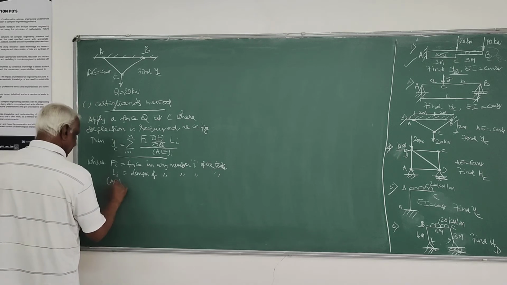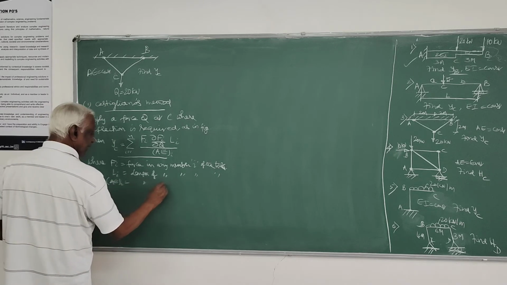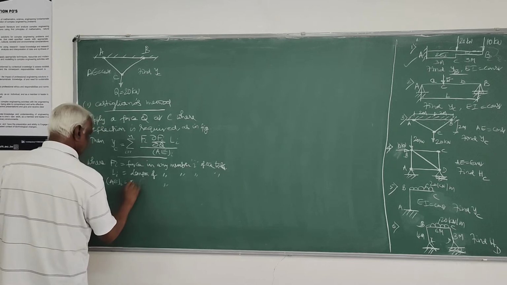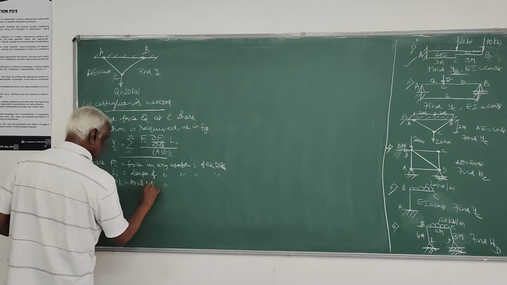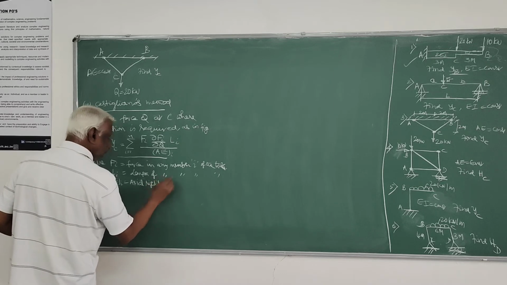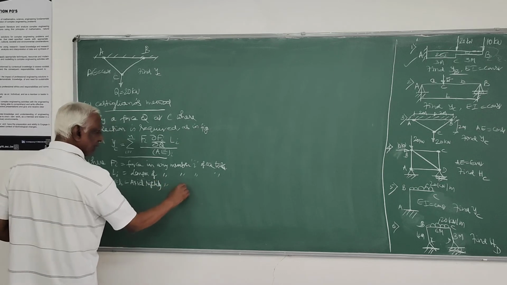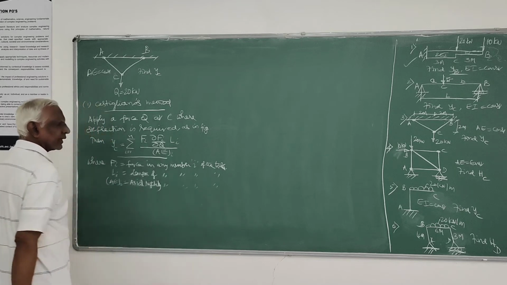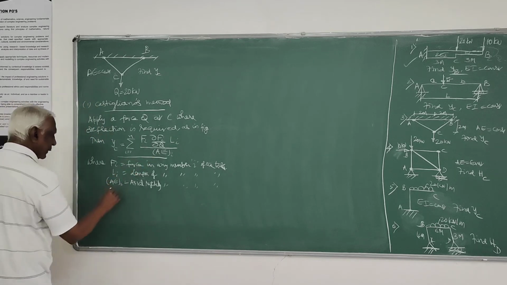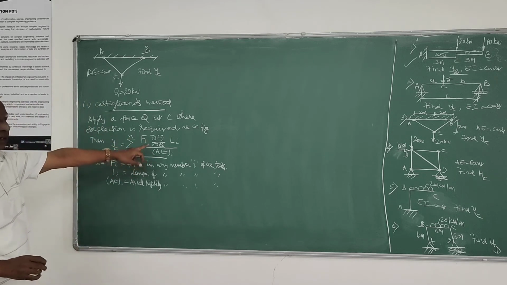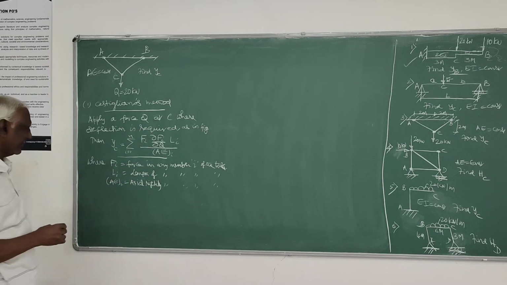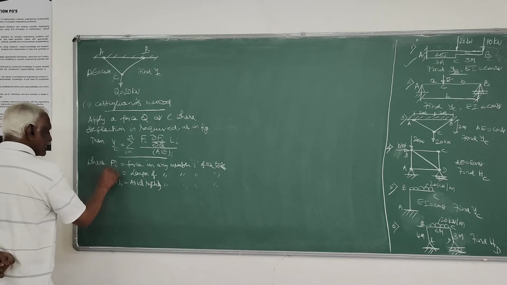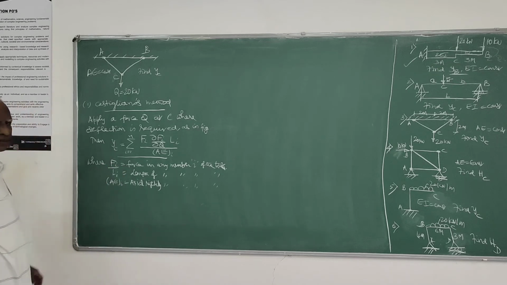AEi is the axial rigidity of any member i of the truss, and delta Fi by delta Q is the first derivative of the force. So that means you have to find out Fi as well as Li.